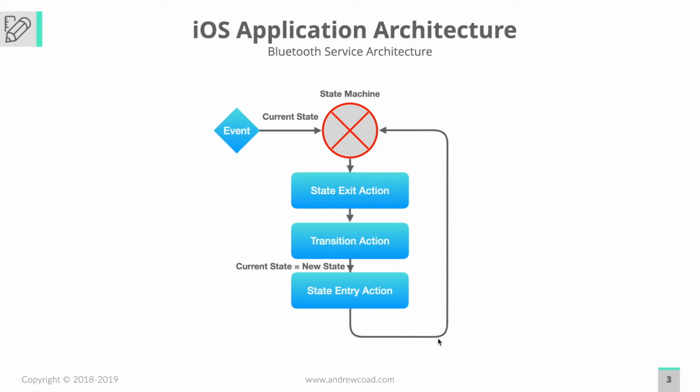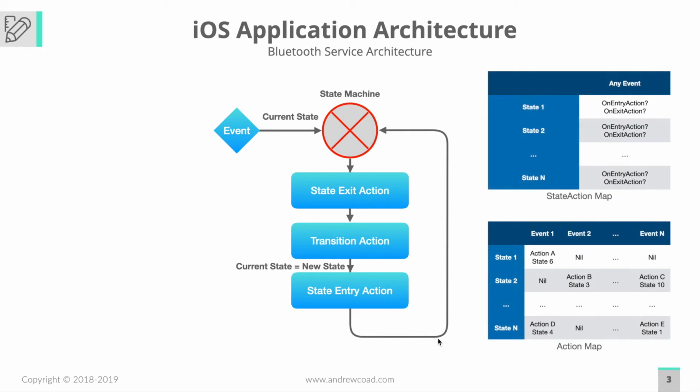The state machine takes an event off of the queue and performs a table lookup to decide what actions to perform. First, in the context of the current state, the machine checks the state action table to see if there is an on-exit action to perform.